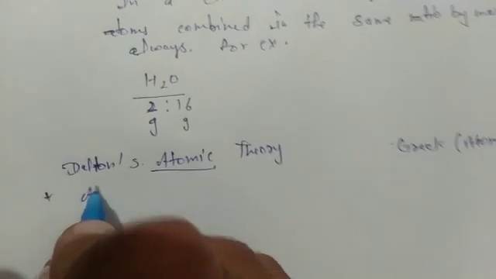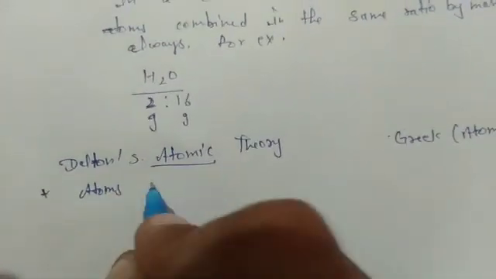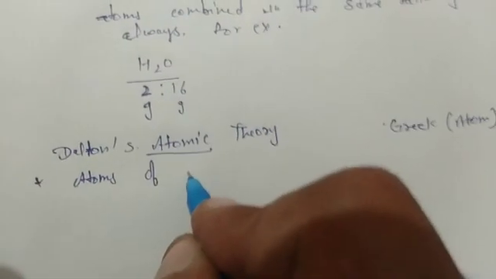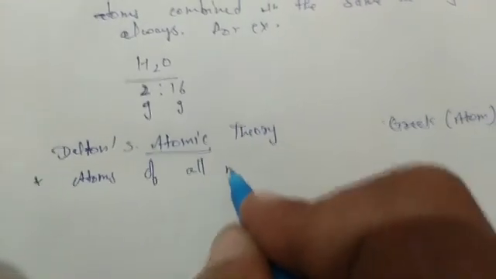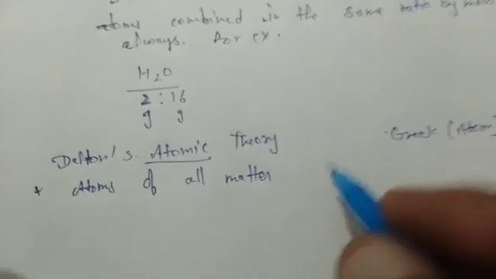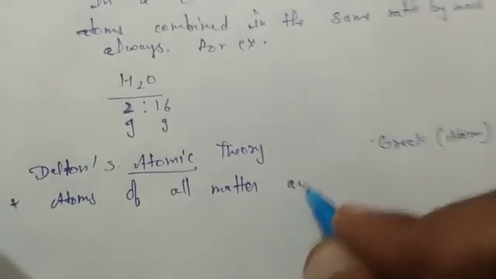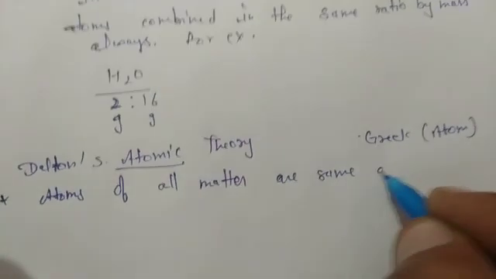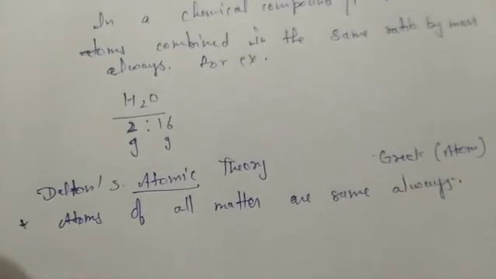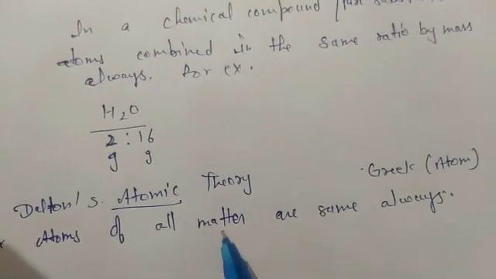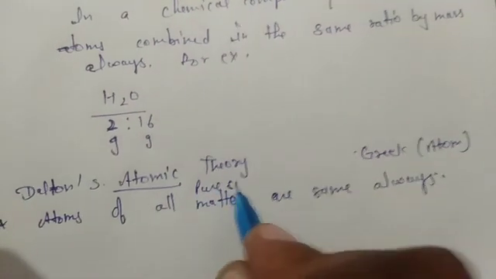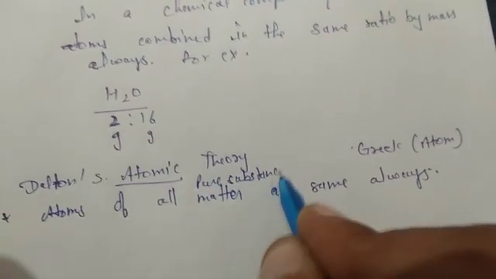The famous postulate of his theory is that atoms of all matter are the same always. If you talk about any particular matter, a pure substance, it is always made up of the same kind of atoms.